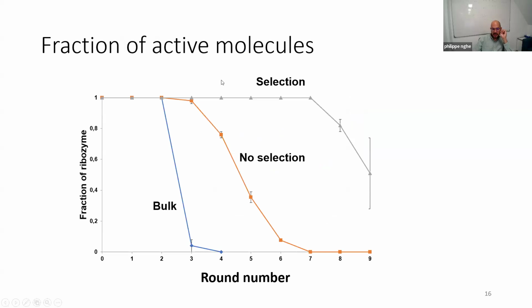So here is the result of the experiment. This is the fraction of ribozyme you observe over the whole population of active ribozyme. So if you do the experiment in bulk, you recover the famous result of Spiegelman from the 60s. You have a complete collapse of the activity. So bulk, no droplet. If you do the same experiment in droplets without selection, it takes longer, but ultimately you lose the activity because you start to have some parasites.